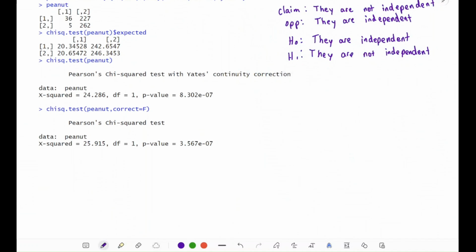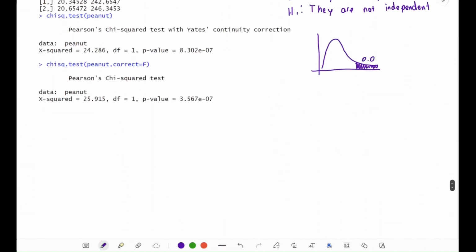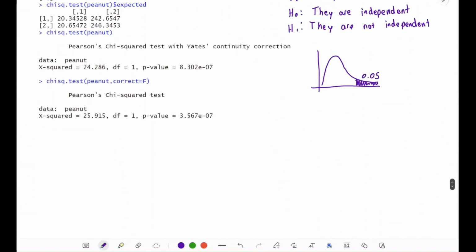And then our type tail test is a right-tailed chi-squared test. And we're using 0.05 significance level. And then chi-squared is, let's just go ahead with the 25.915. The p-value is basically 0.